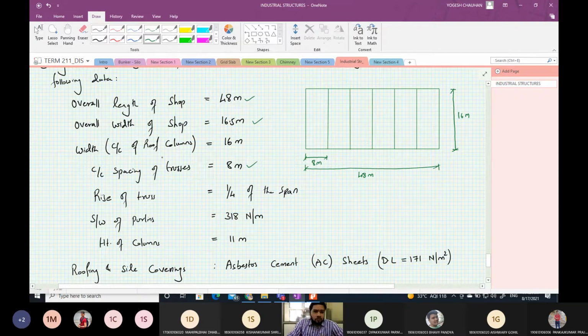And the overall width of the shop is 16.5 meter.